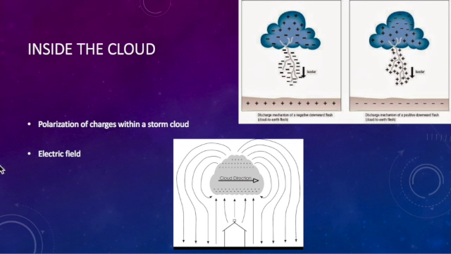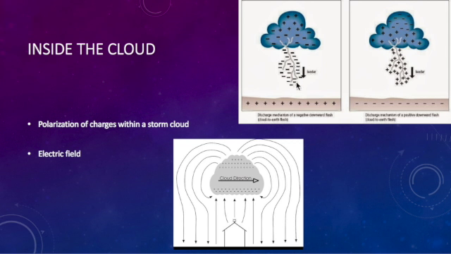Well, what happens inside a cloud for a lightning strike to occur is the polarization of positive and negative charges within a storm cloud. Here in this image, we can see two different situations. Here, we can see a negative downward flash.